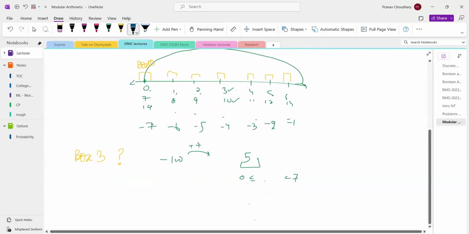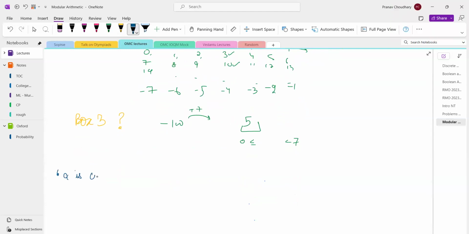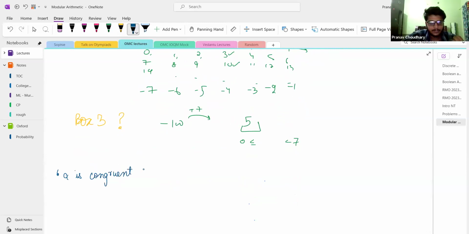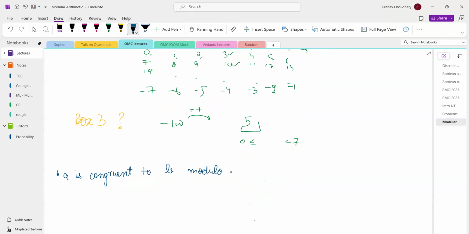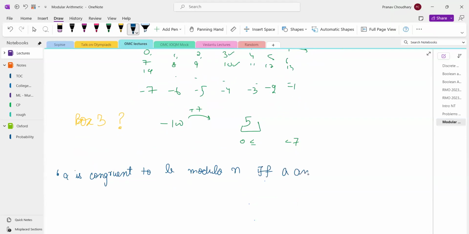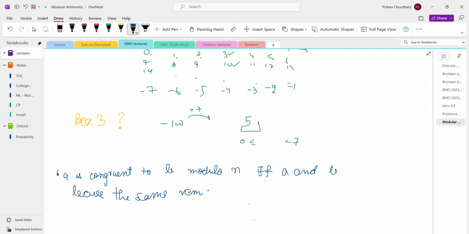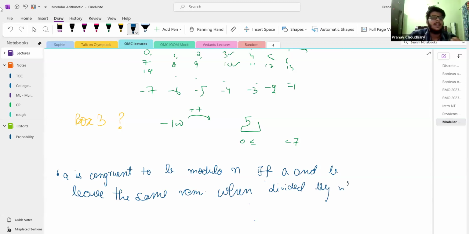So what I want to do is define: A is congruent to B modulo some n if A and B both leave the same remainder when divided by n.